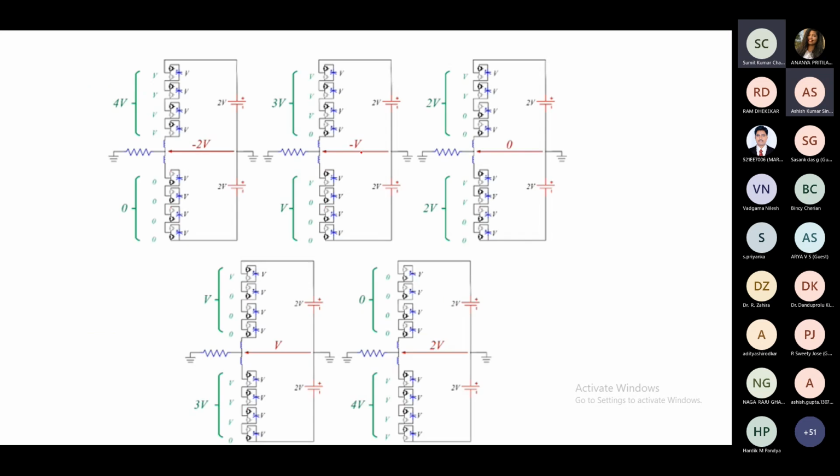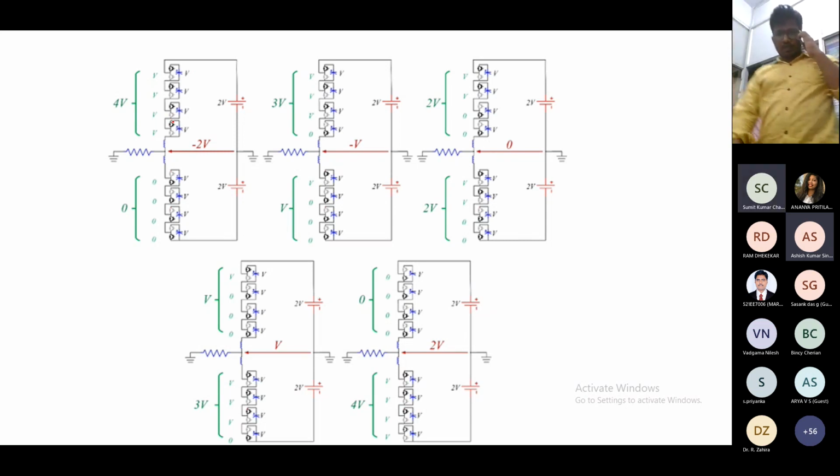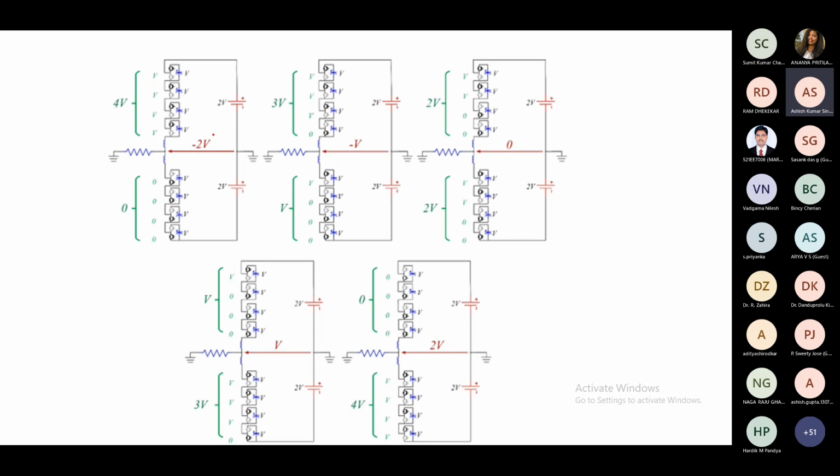But then if we are doing so and we are getting different levels, we understand that it's likely that these individual cells, in order to build different voltage levels, will not be handling the same amount of current.